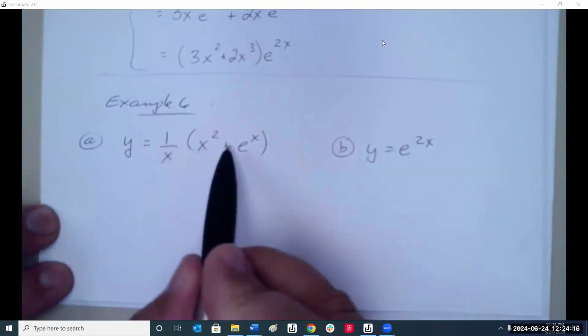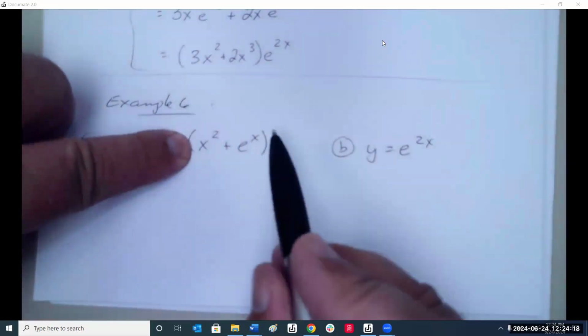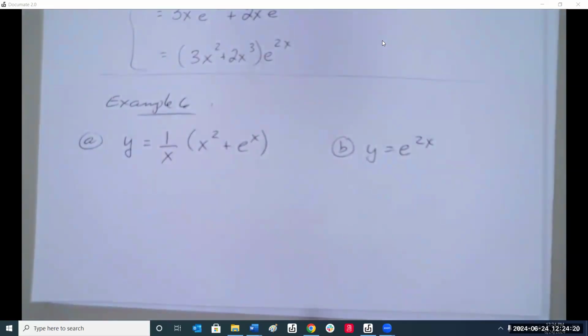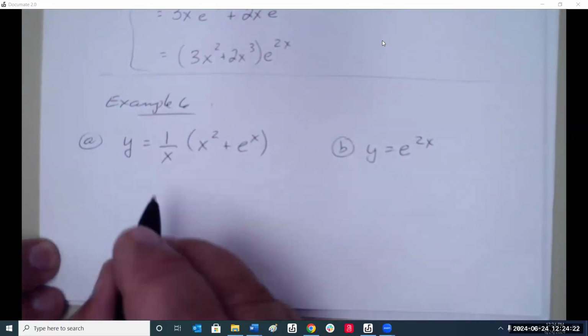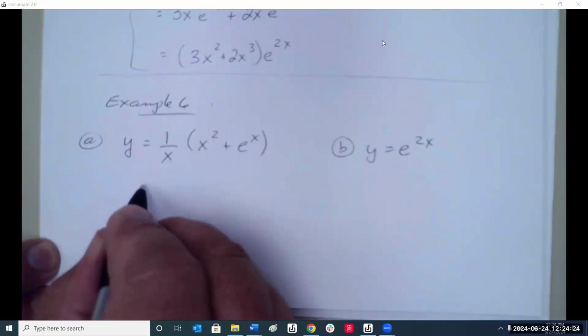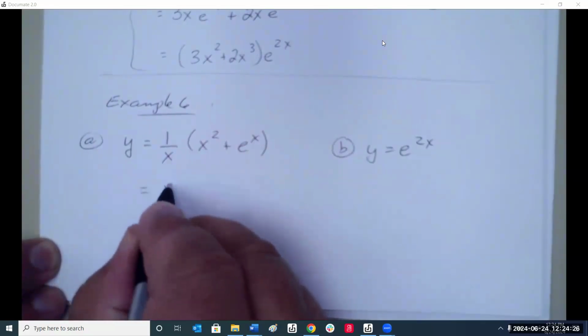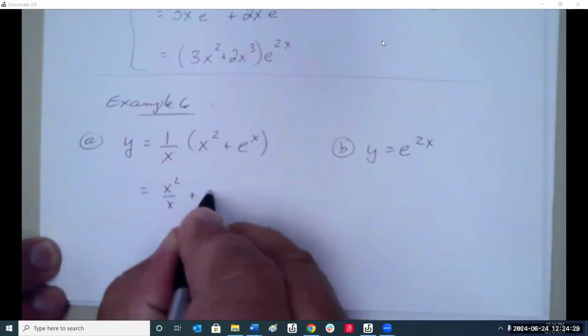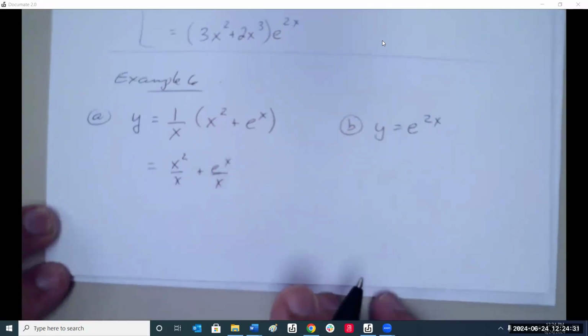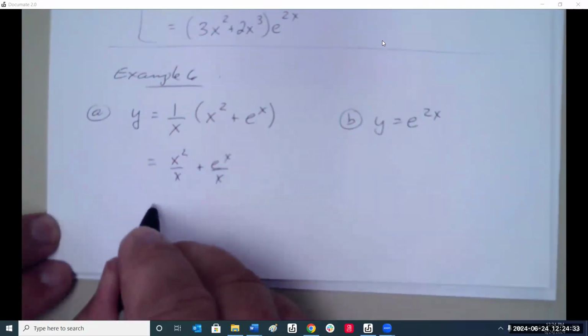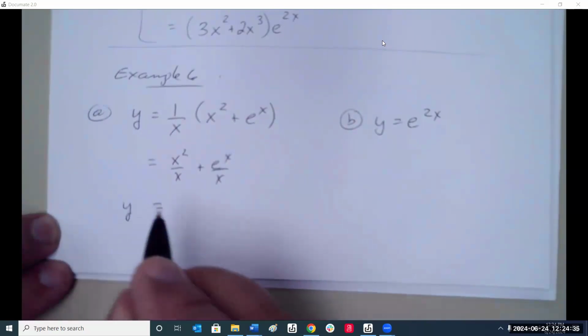Well, this would be f, this would be g, and to do the derivative of this, we have to do the sum rule. Or if you wanted to, you can distribute both of them out. We have x squared over x plus e to the x over x. And this is still our original.